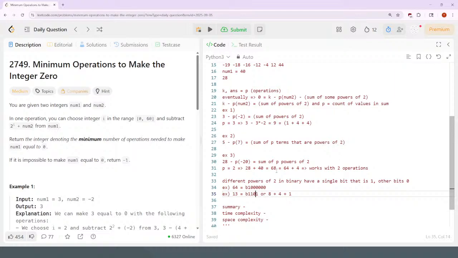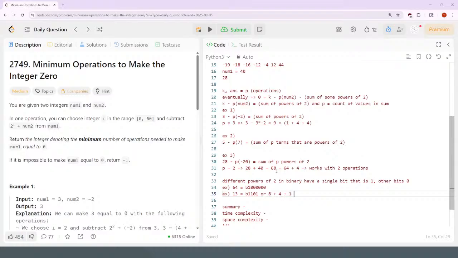The number of powers of 2 that would be needed to get to 13 would be at minimum 3. At minimum 3. You could do it with more. For instance, you could break down the 8 into 4 and 4.